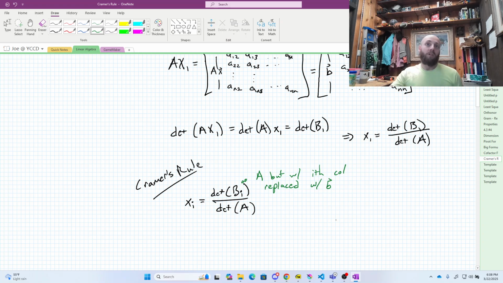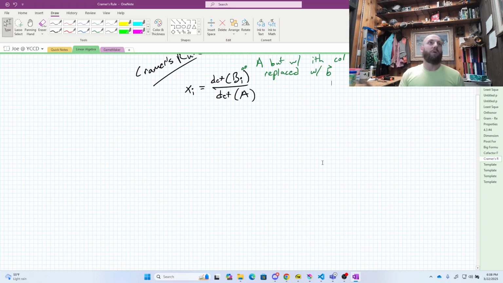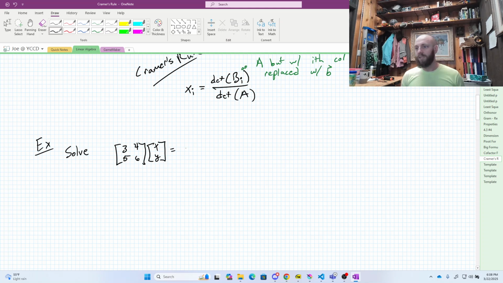And that's pretty cool. So let's do a quick example. Should be relatively straightforward. So here's my example. I want to solve this little matrix equation. So I've got 3, 4, 5, 6 times x, y is equal to 2, 4.